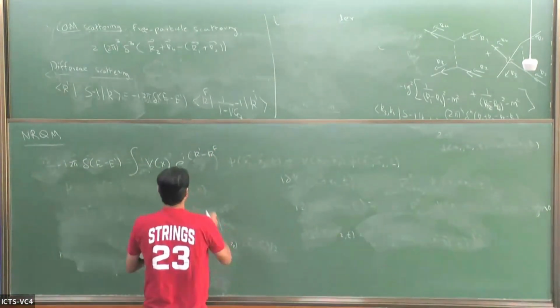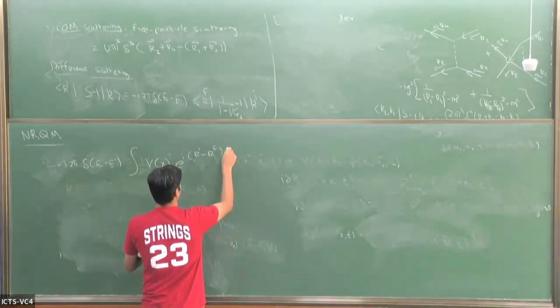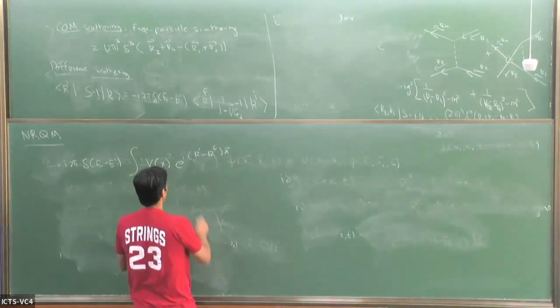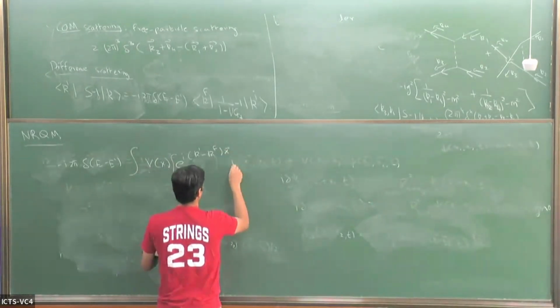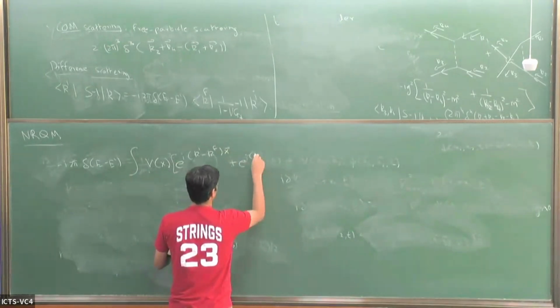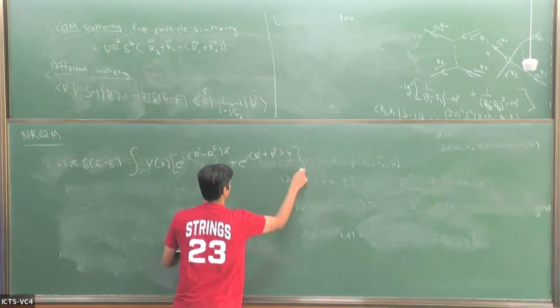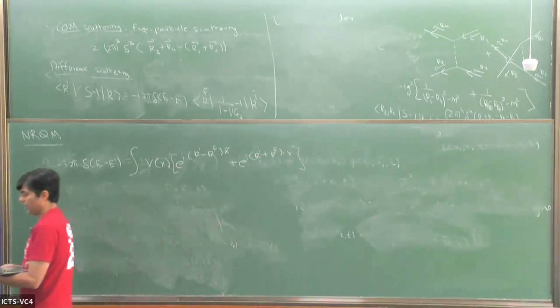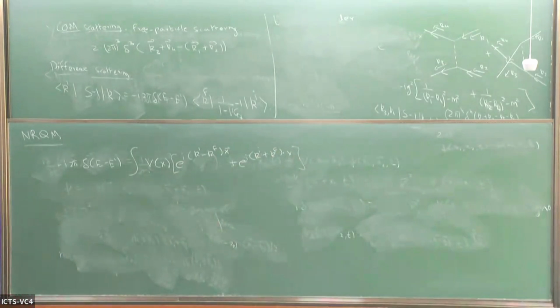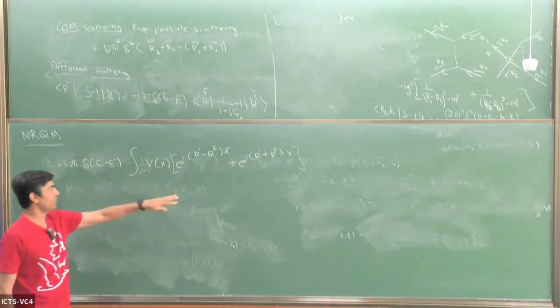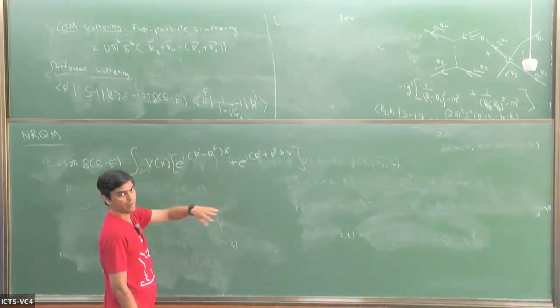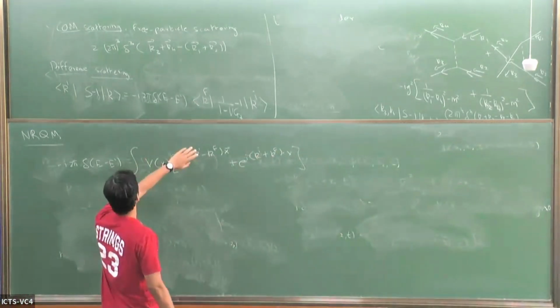This is what it would have been without Bose statistics. With Bose statistics, it's this plus e^{i(ki + kf)·x}. Here I'm not being careful about the normalization of the wave functions. It will affect what you get for the 2π, but I'm going to give up trying.